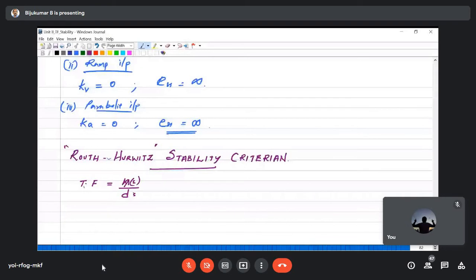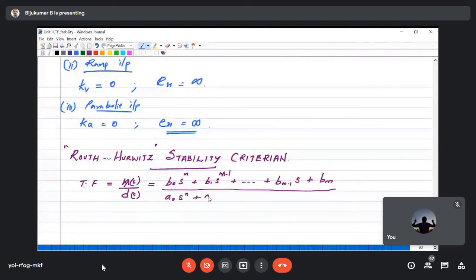The numerator is b0 s power m plus b1 s power m minus 1 plus up to b(m minus 1) s plus bm. The denominator polynomial becomes a0 s power n plus a1 s power n minus 1 plus up to a(n minus 1) s plus an.